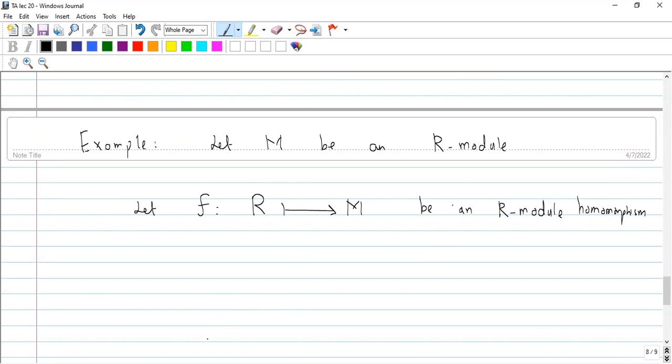So again, I want to classify all R module homomorphisms from R to M.